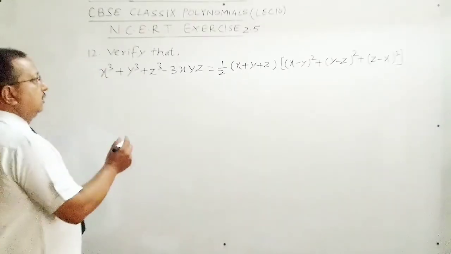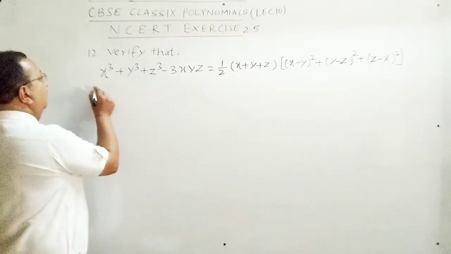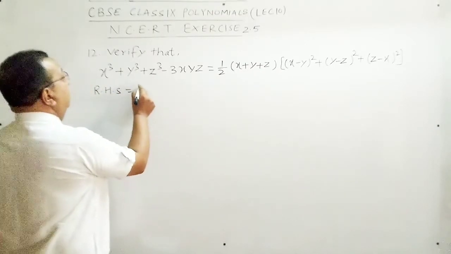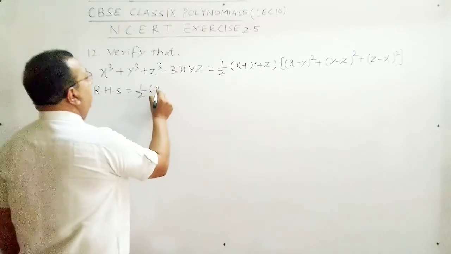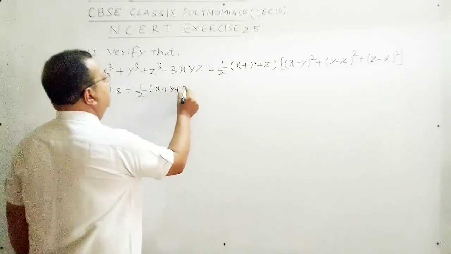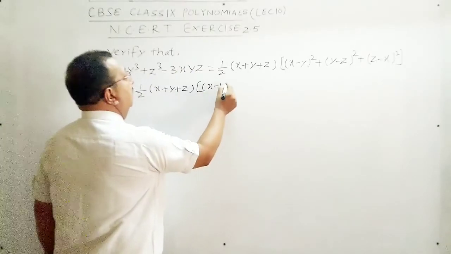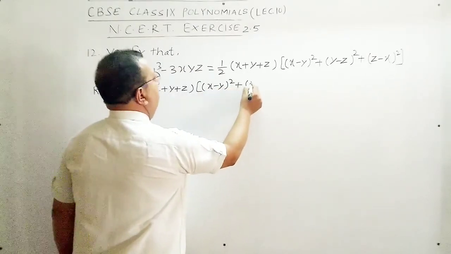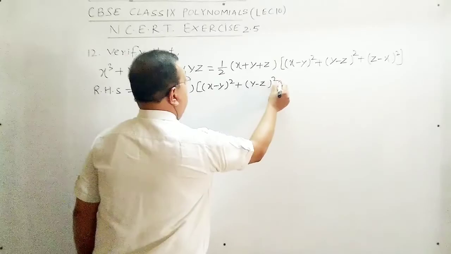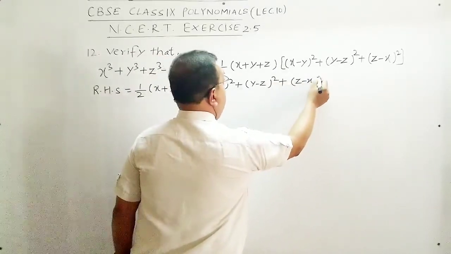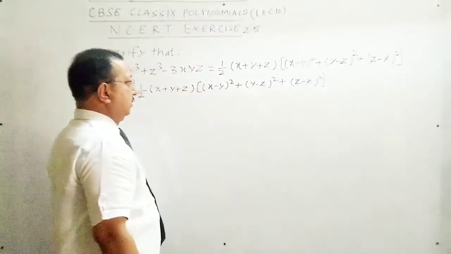We take the right hand side of the given expression, that is half x plus y plus z in the next bracket x minus y square plus y minus z square plus z minus x whole square.